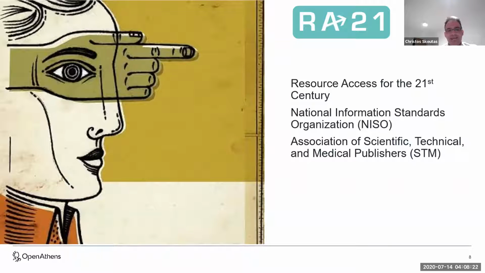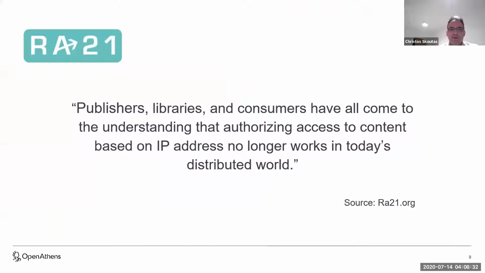Its aim is to promote a standards-based access management system and move on from the outdated world of IP authentication. The publishers and libraries came to the conclusion that IP no longer works as a way of recognition in today's distributed world. For more information, you can go to ra21.org or let me know, and I'll send you more information about that project.